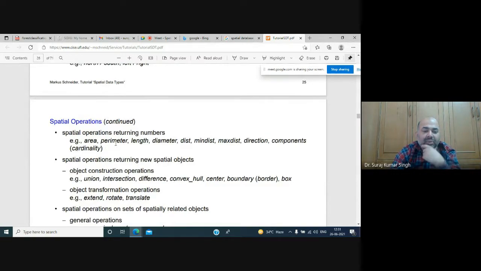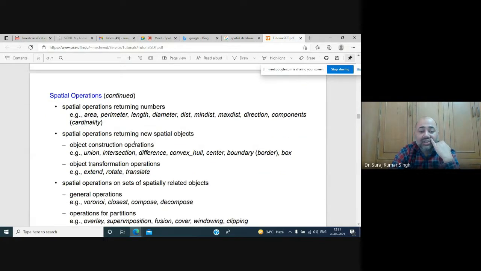Then spatial operations returning numbers, like area, perimeter, length, diameter, distance, maximum distance, direction, components. Then spatial operations returning new spatial objects, like object construction operations such as union, intersection, difference, convex hull, center, boundary, border, boxes.